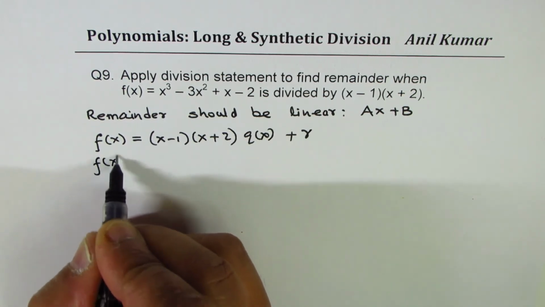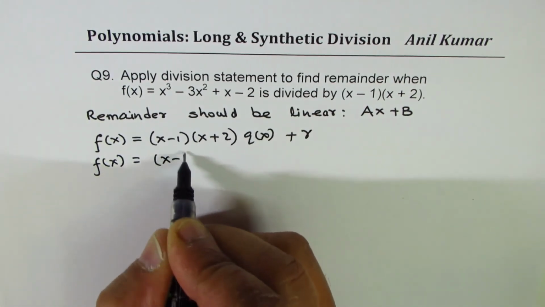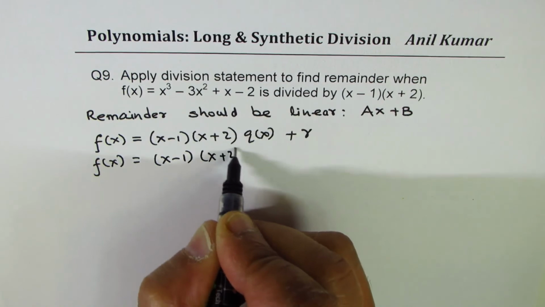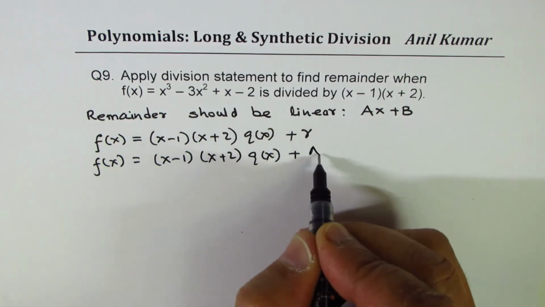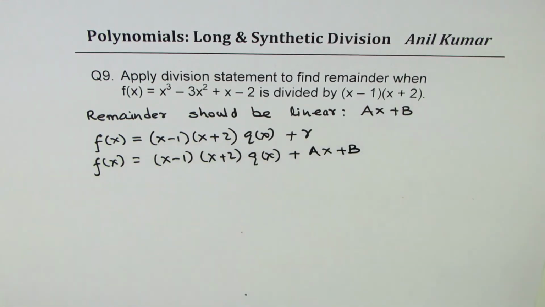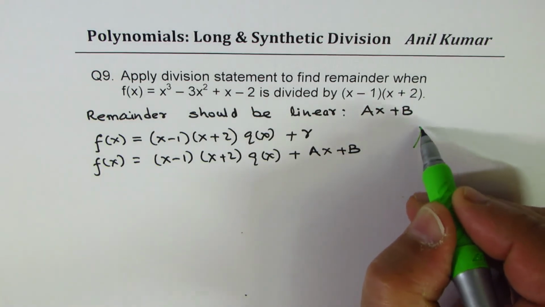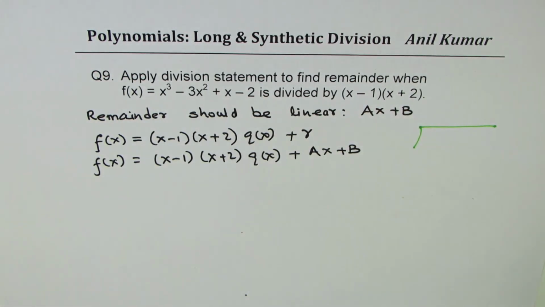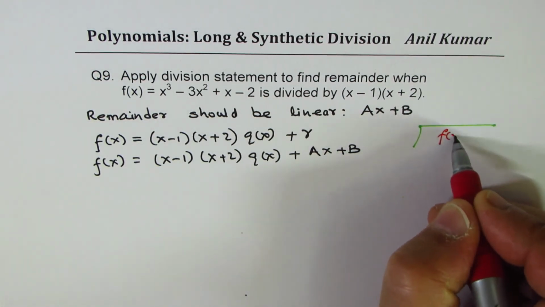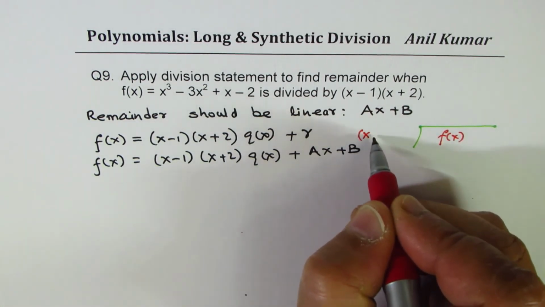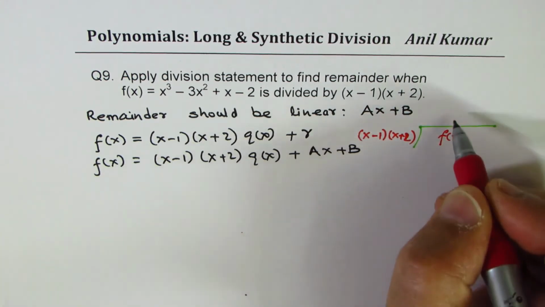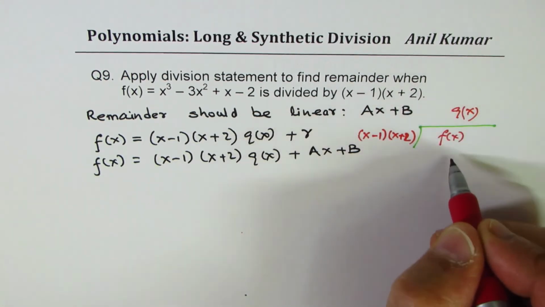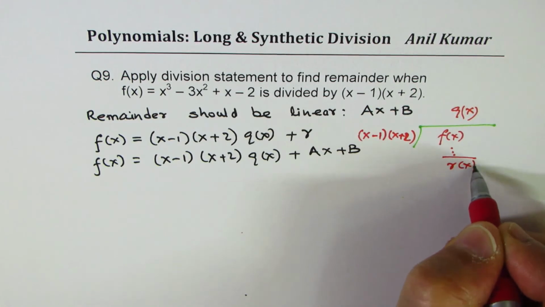Now that remainder is ax plus b, right? So we are saying f of x is equal to x minus 1 times x plus 2 and some quotient q of x plus the remainder ax plus b. Does that make sense to you? So what we are trying to say here is that when we divide this function f of x by the product x minus 1 times x plus 2, we get some quotient q of x and remainder r of x.